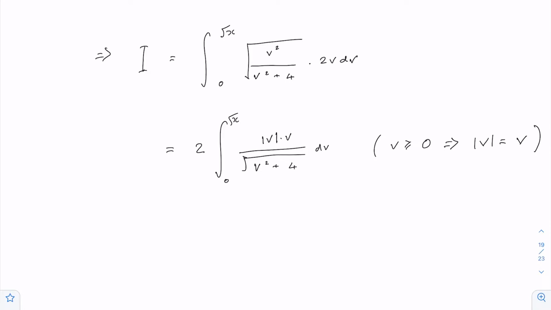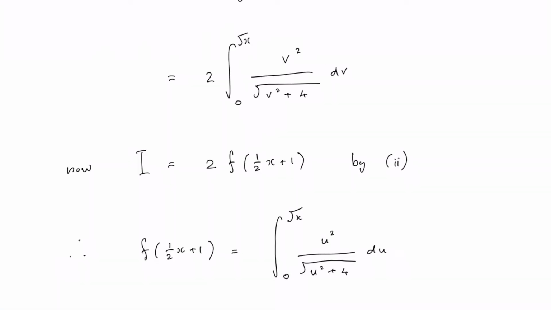So we find then that this integral that we've defined as I is the integral that we're looking for, only it's multiplied by 2 and it has an upper limit of square root of x rather than x. Now we know what I is because we found it in part 2, and so we have this result then, which comes from cancelling the factors of 2 and using the fact that v is a dummy variable.